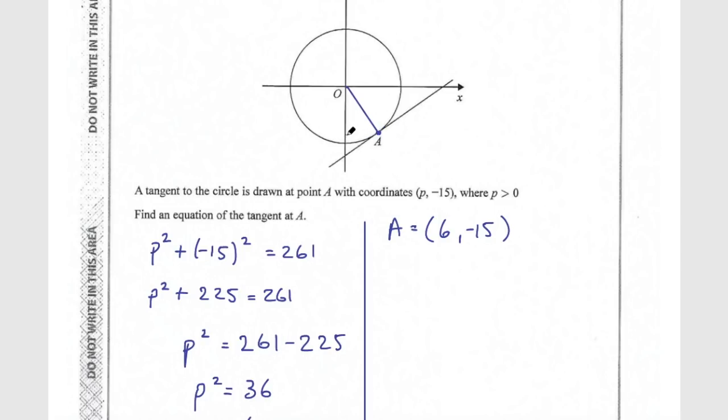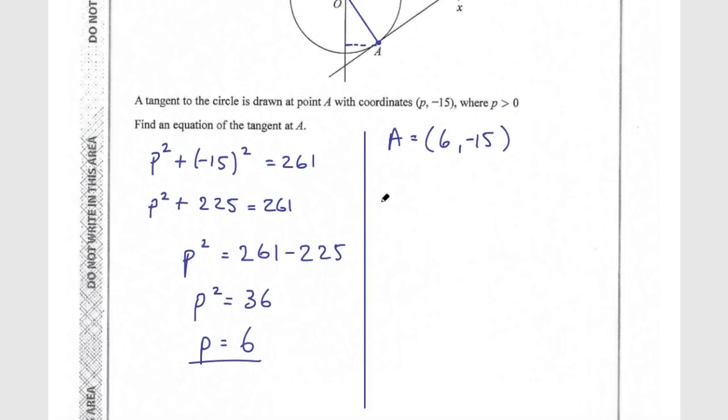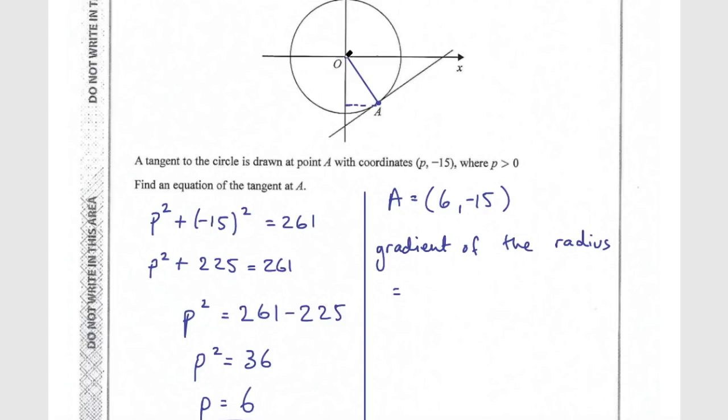And now I know the x value and I know the y value, so I could find the gradient using the rise over the run. So the gradient of the radius equals the rise over the run. Now what I'm doing is using this point (0, 0) and using this point (6, minus 15) to find the gradient.